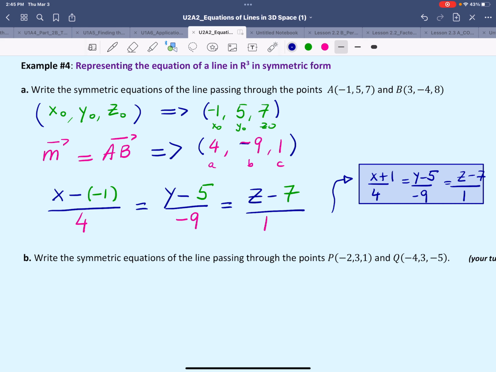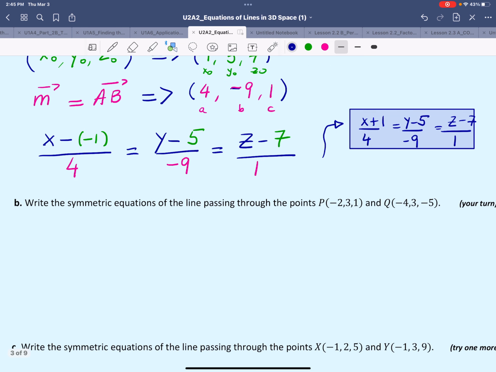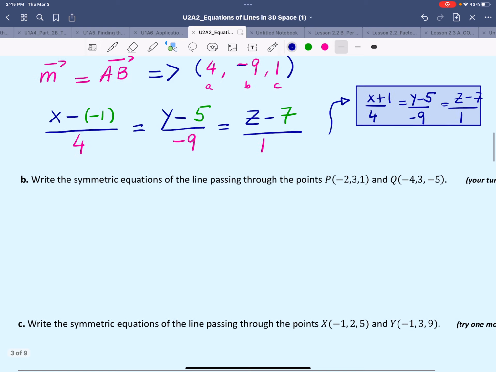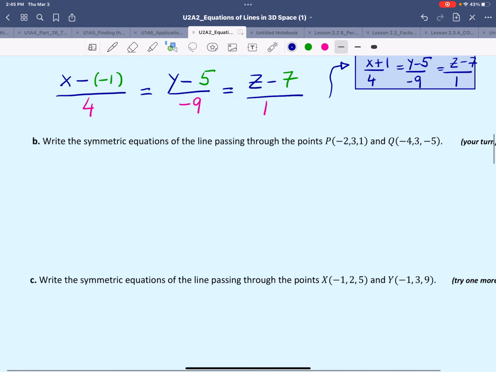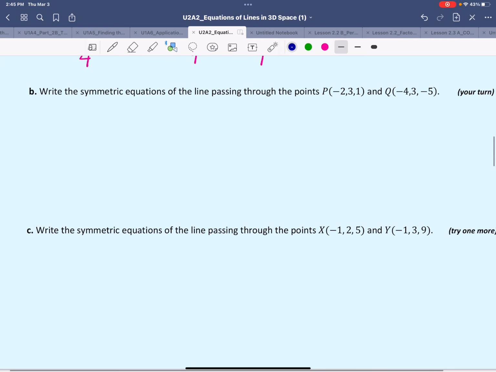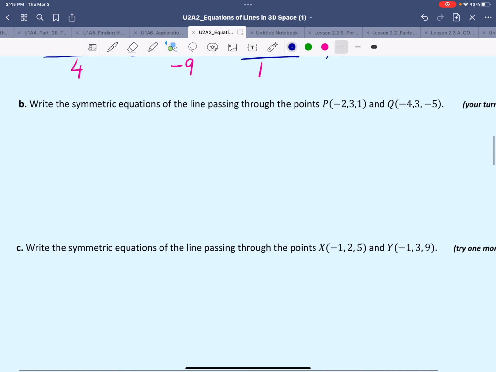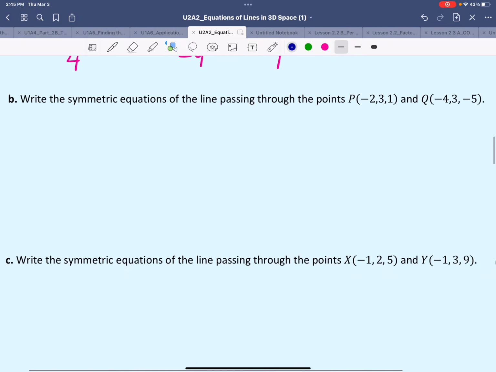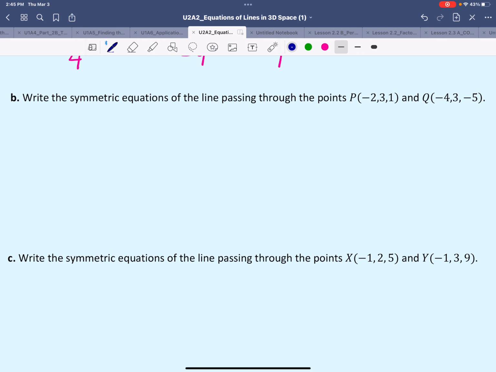Now, in the next question, we have to write symmetric equations of a line passing through these 2 particular points. I've actually added this as practice for you, but I'm going to do just this example. So again, we are going to start off with picking one of the points as our starting point. X0, Y0, Z0 in this case will be, let's choose point Q this time.